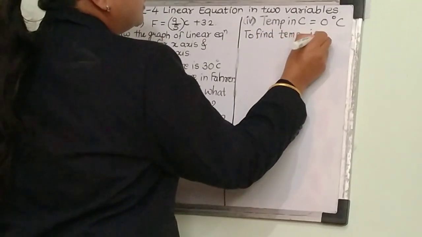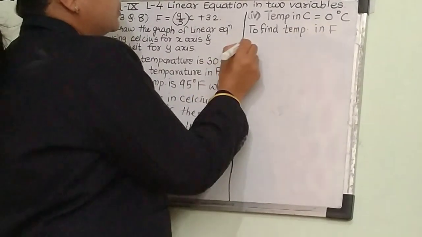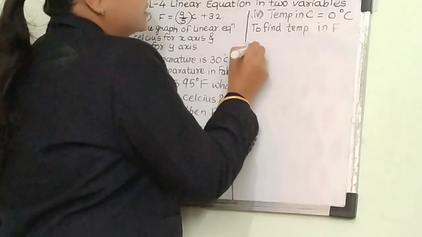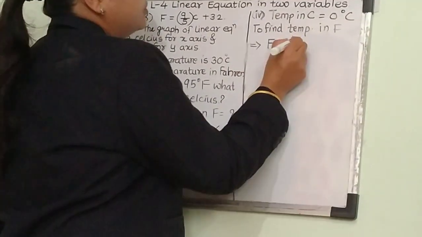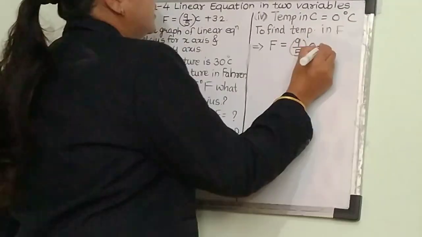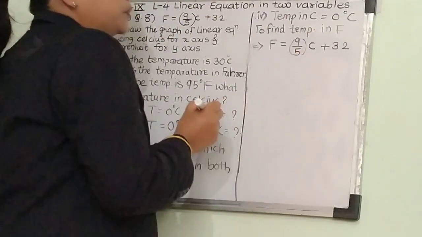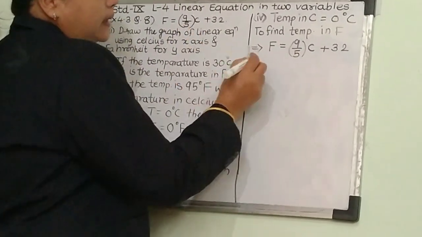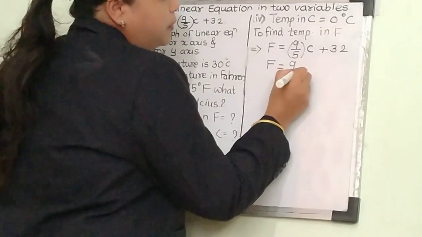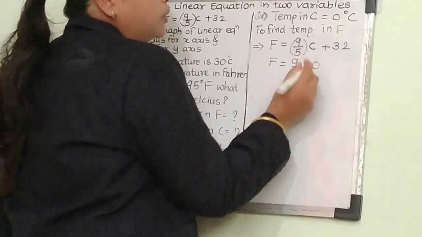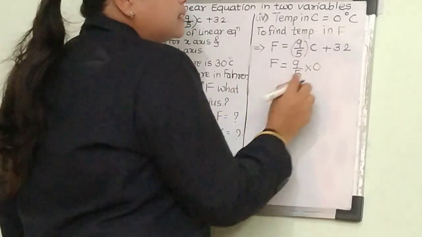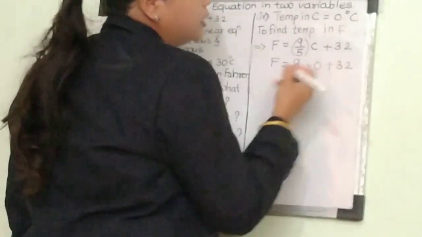temperature in Fahrenheit. So again I will use this formula for this solution, that is F equals 9 upon 5 C plus 32. So here we can write F equals 9 upon 5 into 0, because we have given temperature in Celsius as 0 degree Celsius, plus 32.